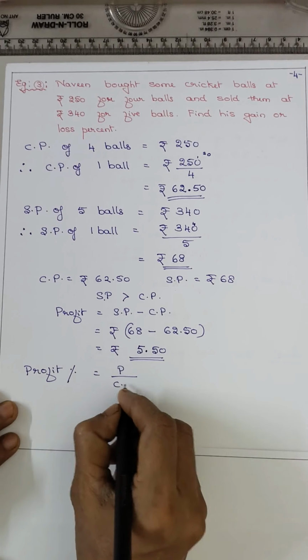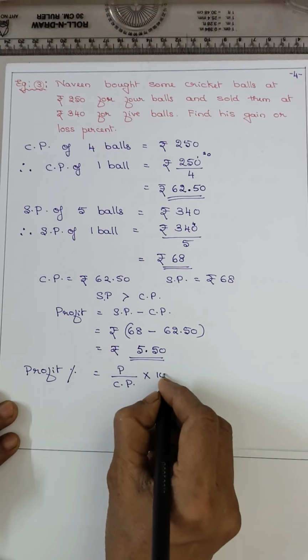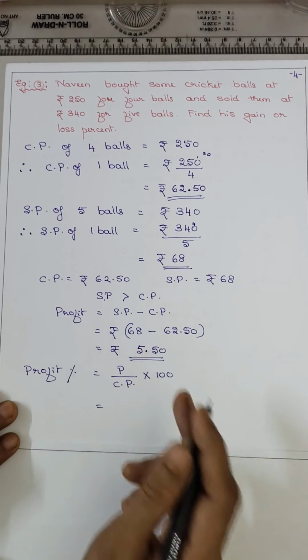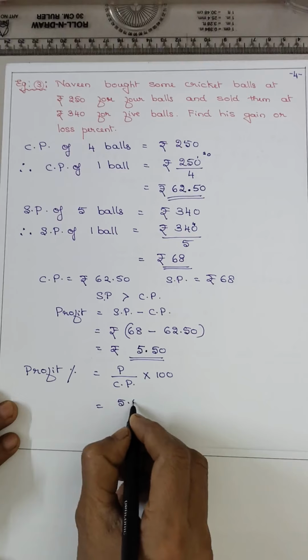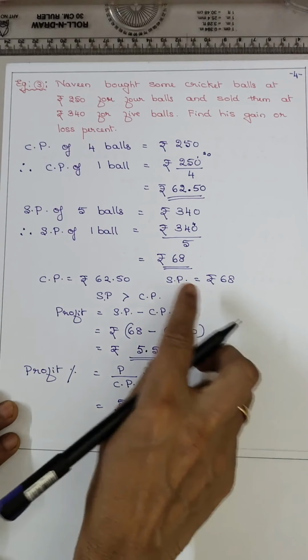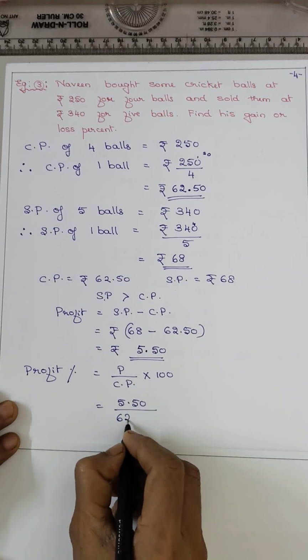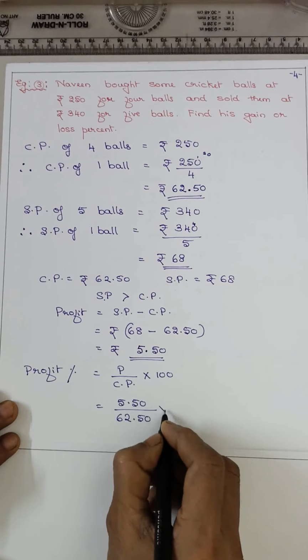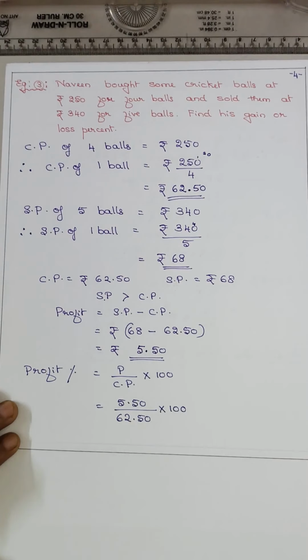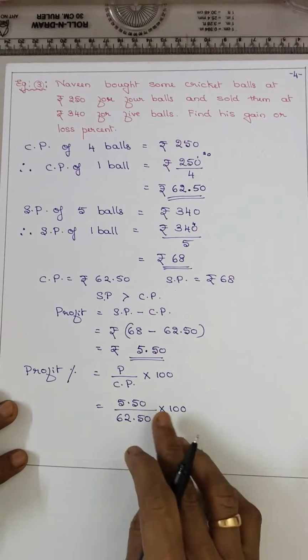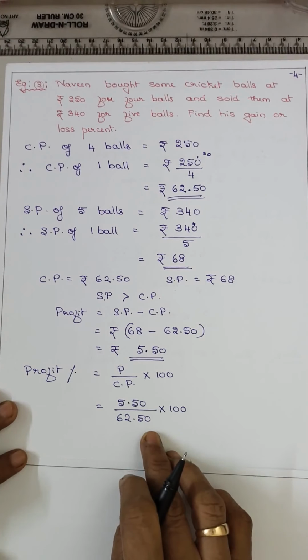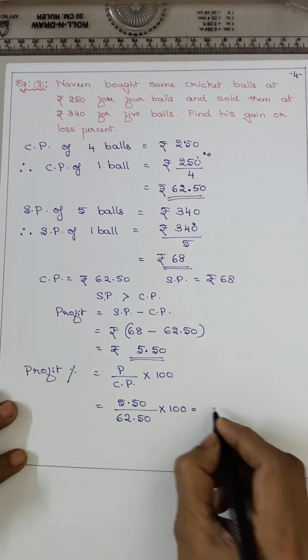Profit upon CP into 100. Profit how much? 5.50. CP is 62.50 into 100. Now numerator, denominator, 2 decimals, cancel it.